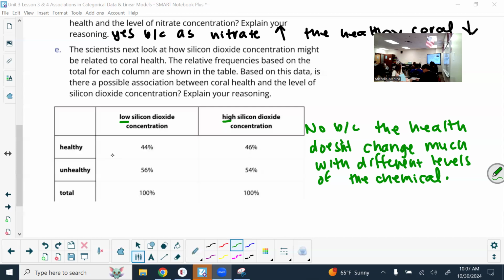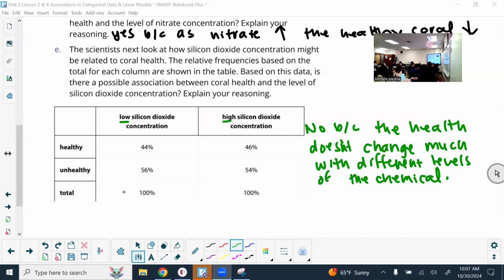All right, questions on that? There is one more activity on there, but I think you guys get the point. Hopefully you can tell if there's a trend or not based on the relative frequencies and the numbers in general.